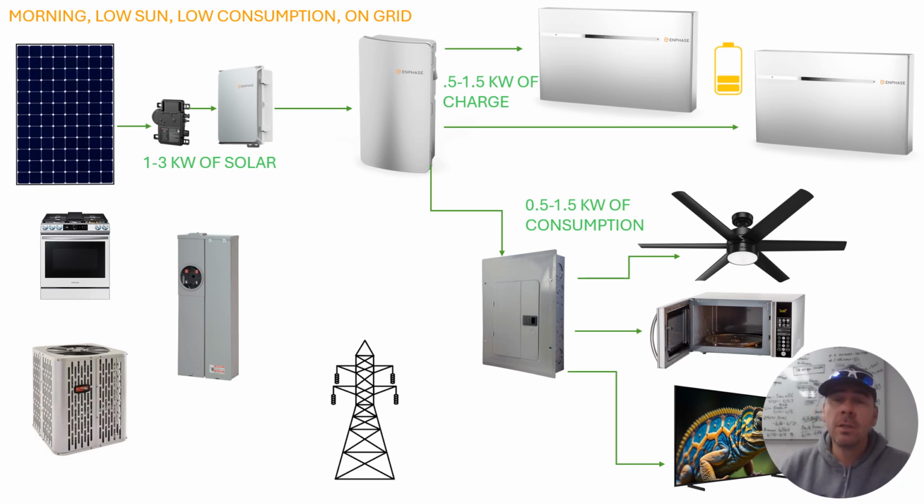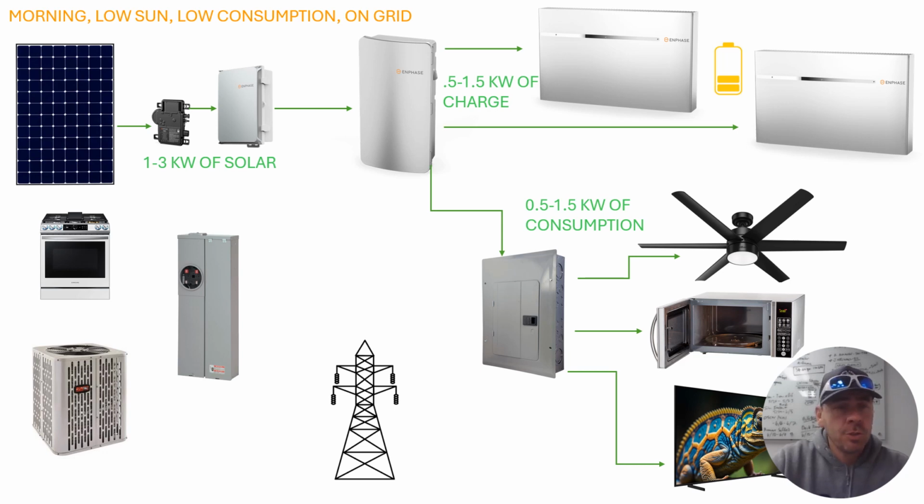As long as the critical or backup loads are under the amount of solar coming in, which is usually the case in the morning, then the grid's stagnant. A lot of times you won't see the heavier loads that are not backed up even doing anything. Most of the stuff in the house would be running basically off the solar in the morning, and you'll start trickle charging a little bit into the batteries.